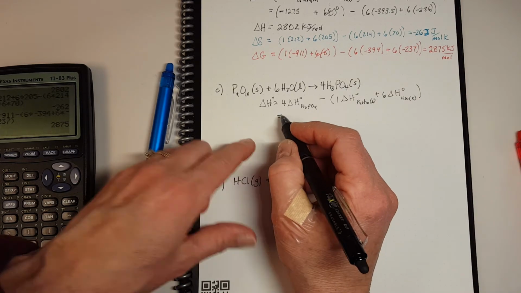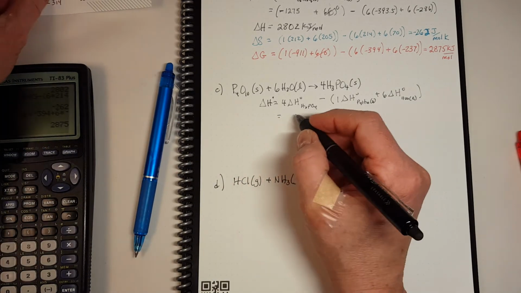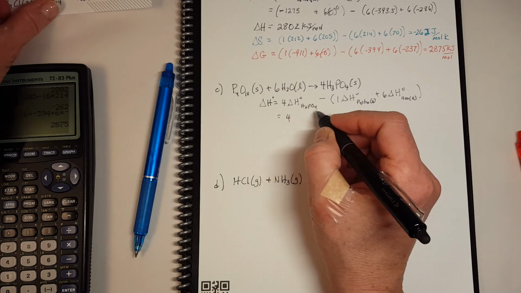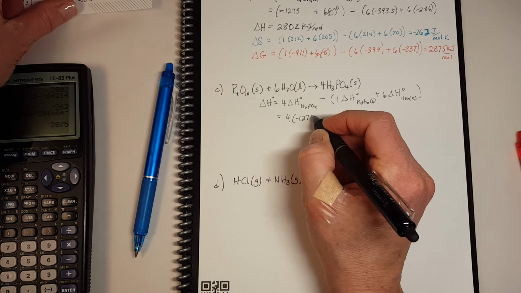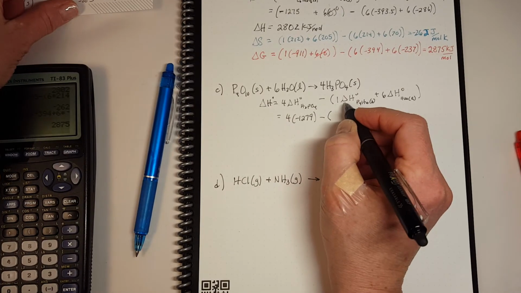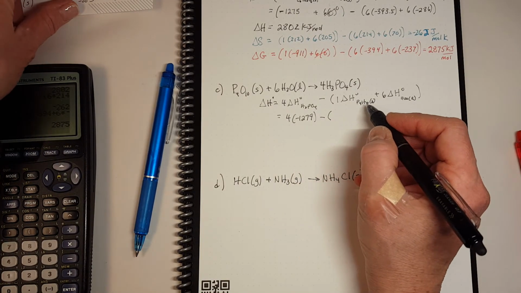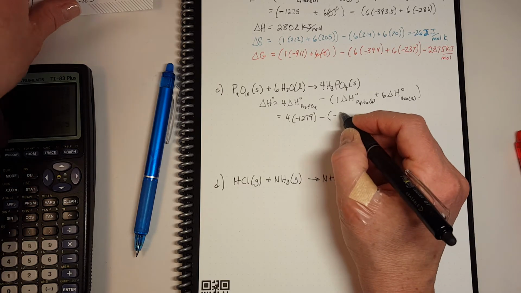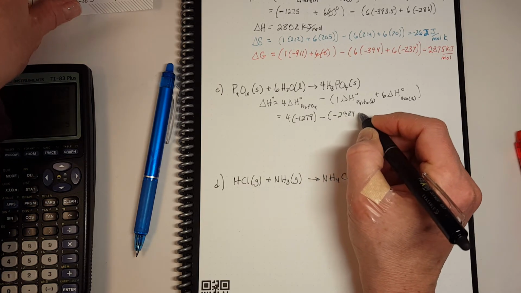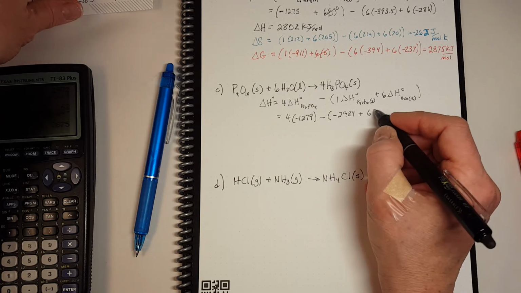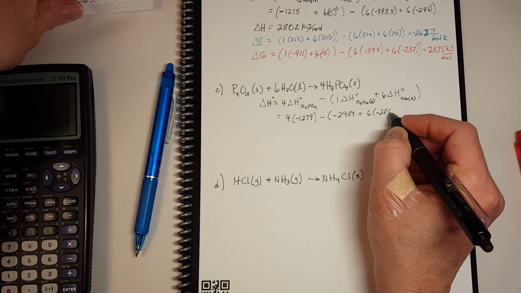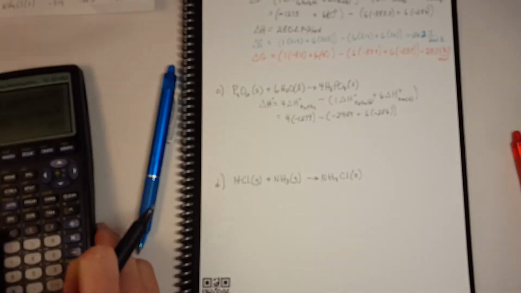Okay, so I have these looked up already. So we have 4 times the delta H in standard state of the H3PO4, that's negative 1279, minus, in parentheses, 1 times the delta H of P4H10, negative 2984 kilojoules per mole, plus 6 times the delta H of the water, which is negative 286. And then we take the calculator.